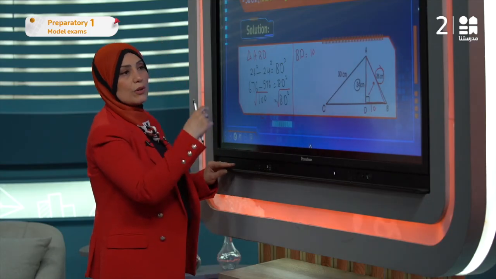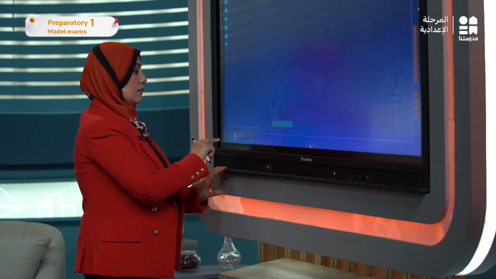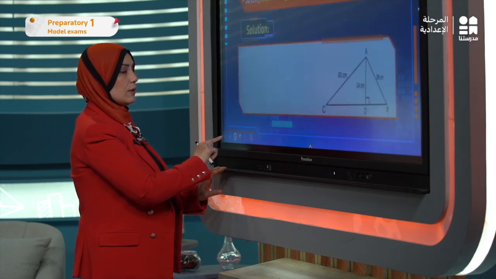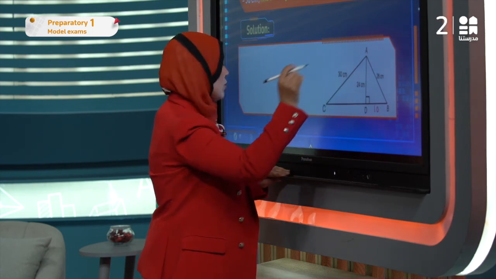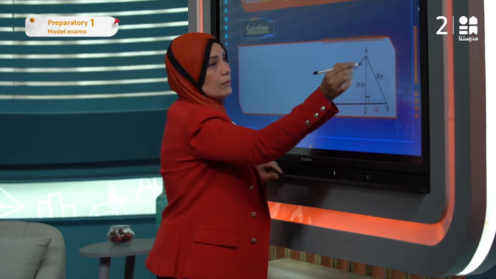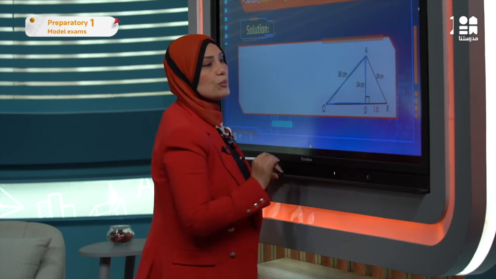Now let's work on the other triangle, ADC. Here we have the same question. Now we are going to work on this triangle. What do you observe?